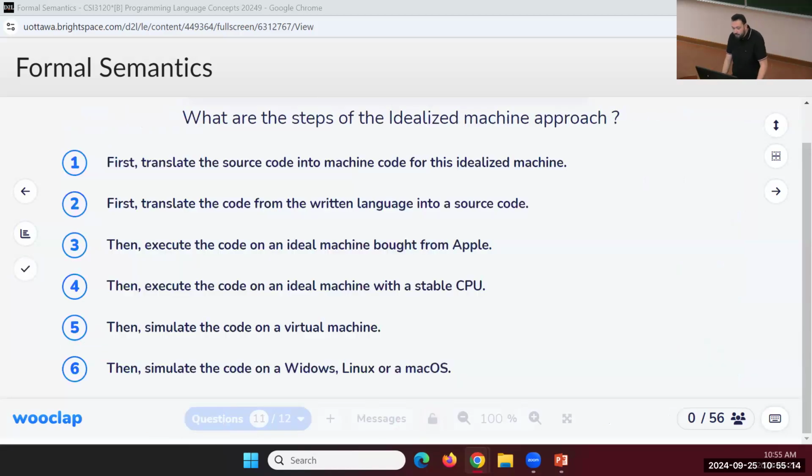Now, what are the steps of the idealized machine approach? First, translate the source code into machine code for the idealized machine. Then we execute the code on the ideal machine, and then we want to simulate the code on a virtual machine.